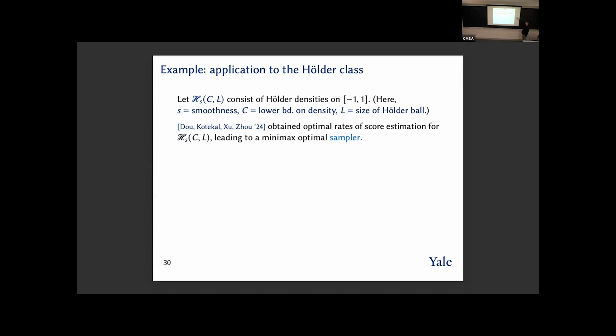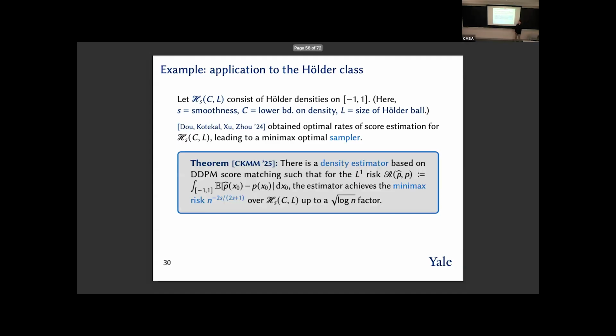The point of this class is that it was studied in a prior work on score estimation, a paper which also came out of Yale, which obtained optimal rates for score estimation over this class. When you combine their rates with the DDPM results, you get a minimax optimal distribution learner, in the sense of learning how to generate samples. And now, with our result, we're able to convert this also into a density estimator.